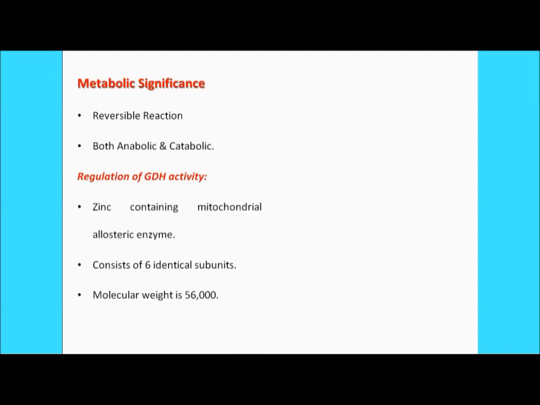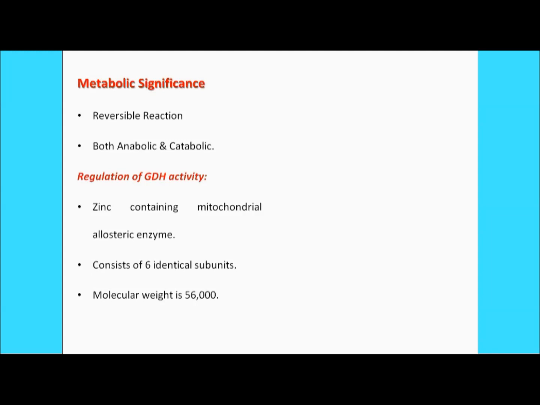Now metabolic significance. What is the metabolic significance of this reaction? First of all, this reaction is reversible, so you can say that both the anabolic as well as the catabolic process take place in this reaction. Moreover, what is going to regulate the GDH activity? GDH is a zinc containing mitochondrial allosteric enzyme.